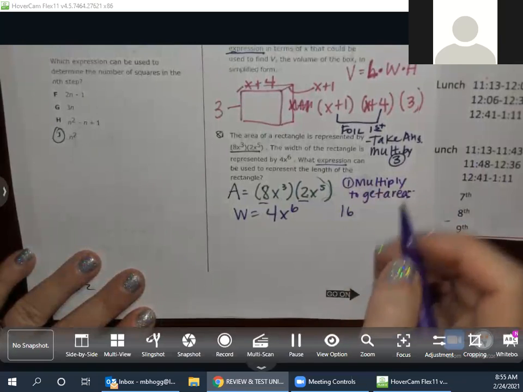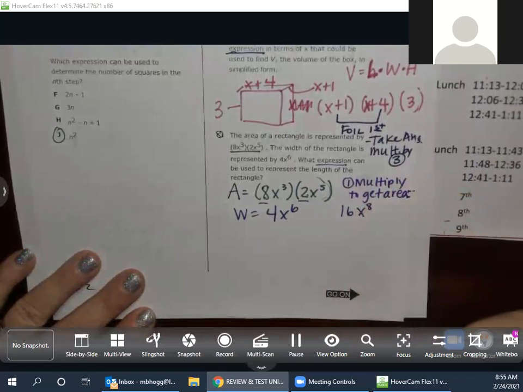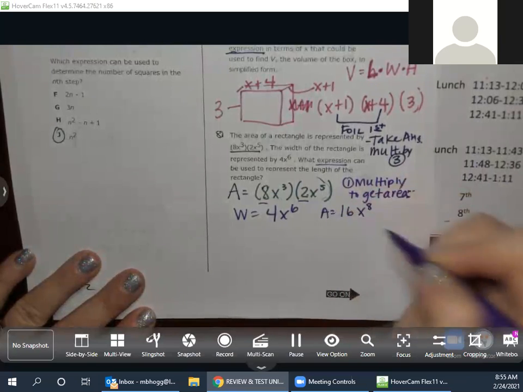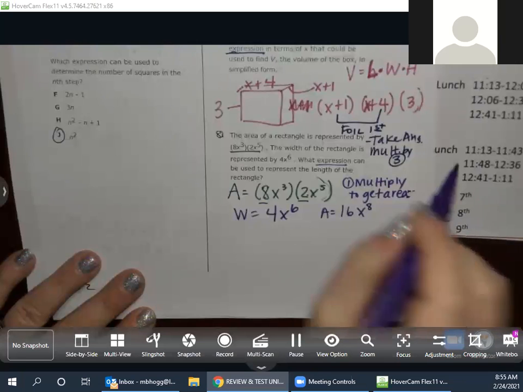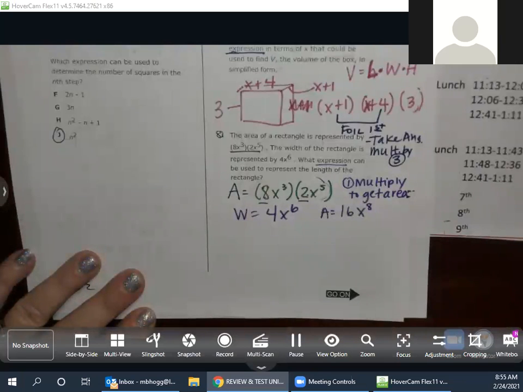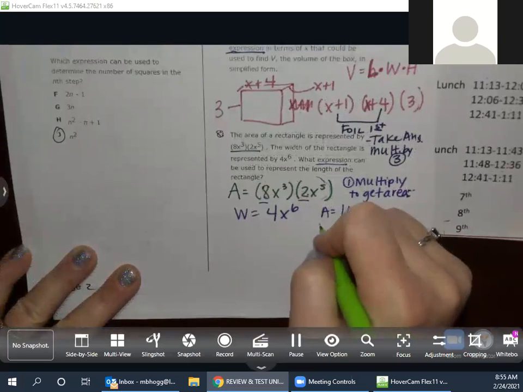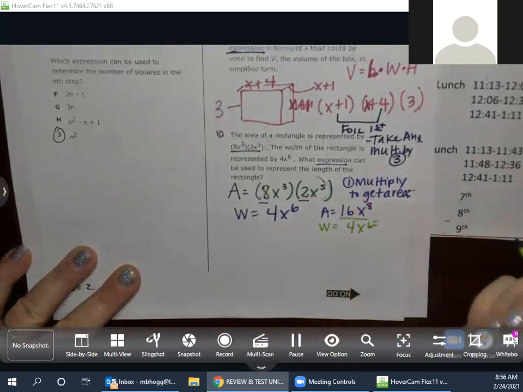And then what do you do with your exponents when you multiply them? Add them. Okay. So you would get, this is your area, 16 x to the 8th. And then how are you going to get the length from that? Divide. You're going to divide that by the width. And so this isn't that difficult.